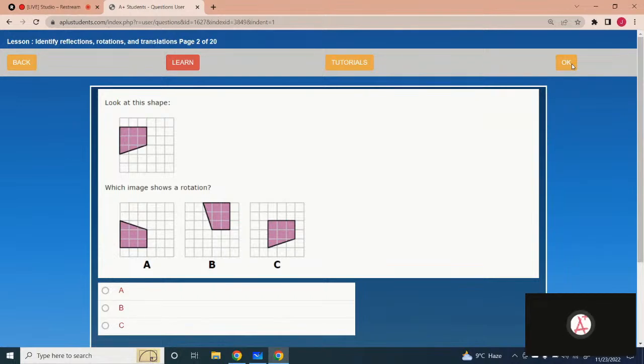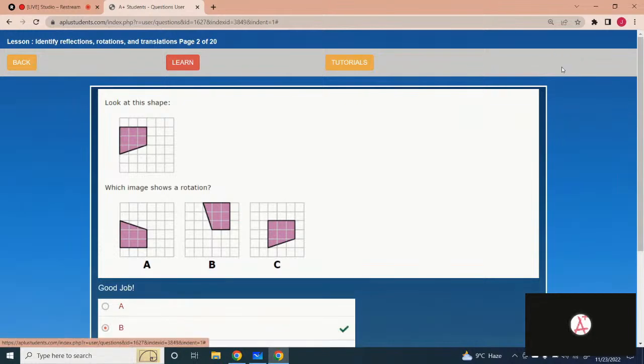Which one is rotation? Yes, B is the rotation. So just select the correct option and click on the OK button.